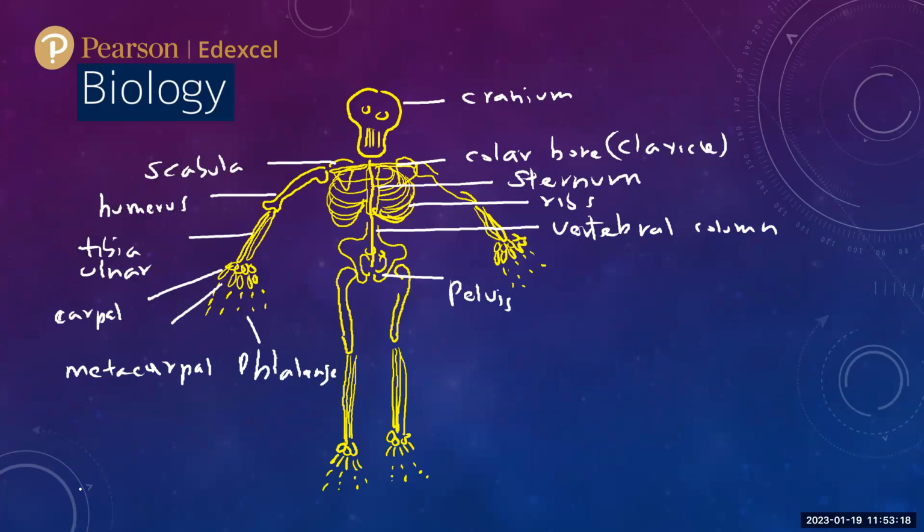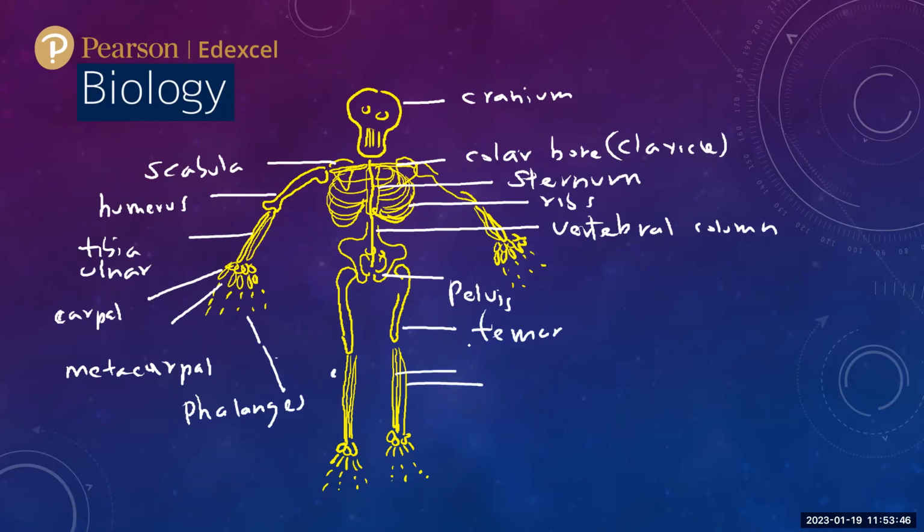I just write it here. Phalanges. And this one is a femur, the big bone of the limb is a femur. And these two bones, okay, radius and ulna.